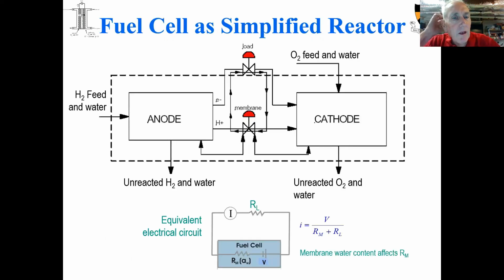So I start with a fuel cell as a simplified chemical reactor. Actually, it's coupled chemical reactors. You have an anode reactor and a cathode reactor. And these reactors are connected by a membrane that transfers protons.